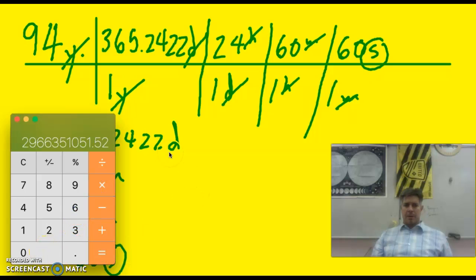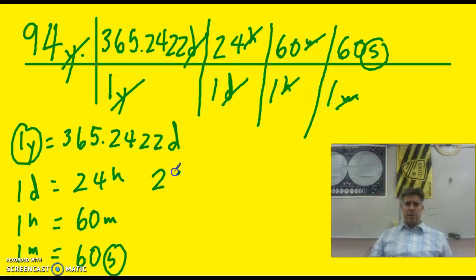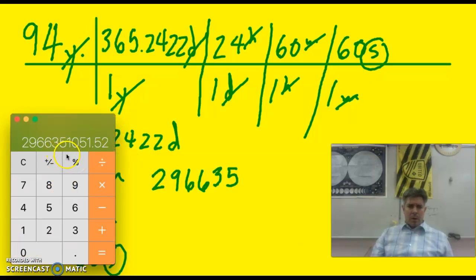Gives me a grand total of, it's a lot of numbers, 296635, 296635, whoops, 105, 1.5.